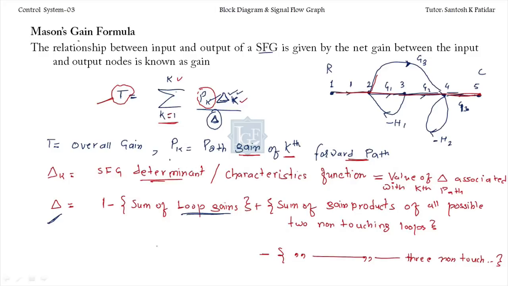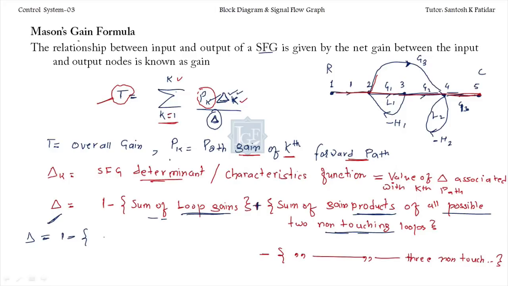Next, the sign is plus: sum of gain products of all possible non-touching loops. For this figure you have two loops, L1 and L2. If you want to find del, it is 1 minus the sum of individual loop gains. What is the loop gain of this?